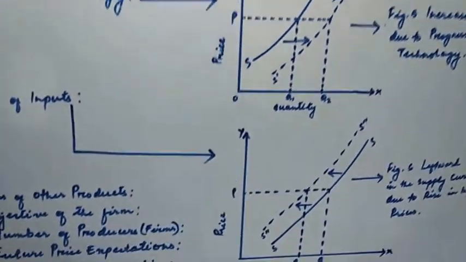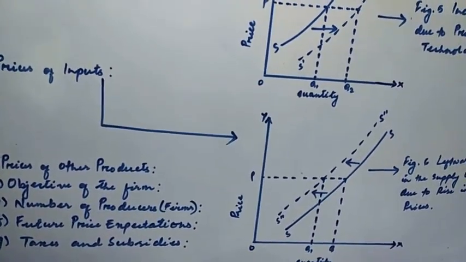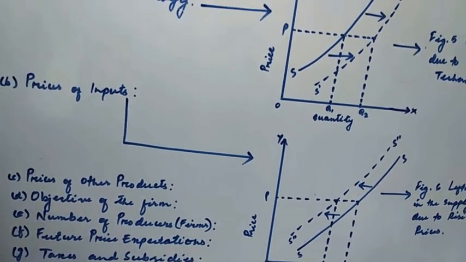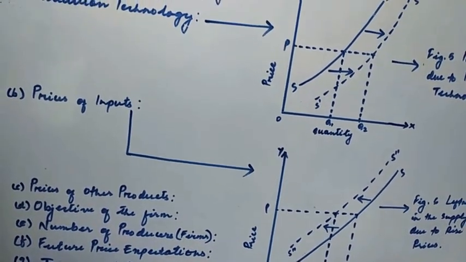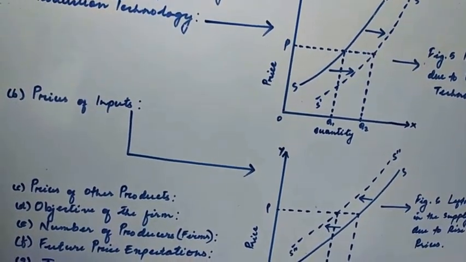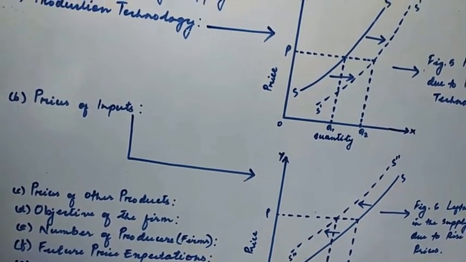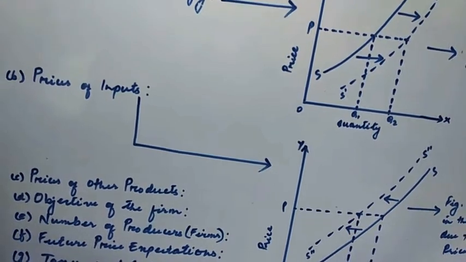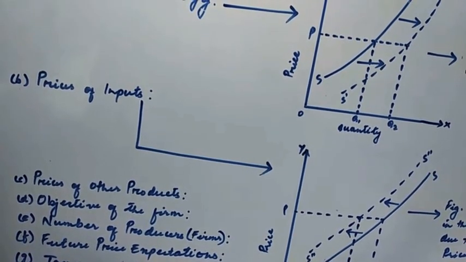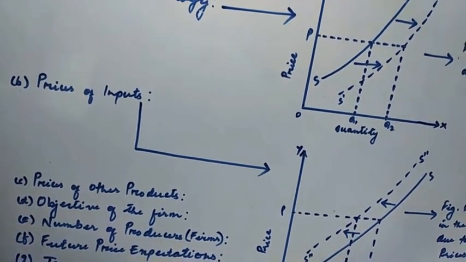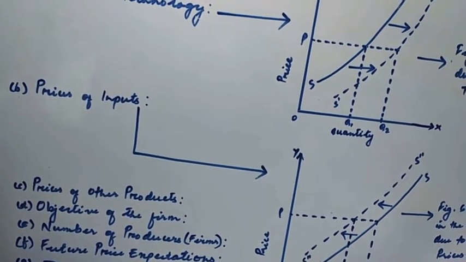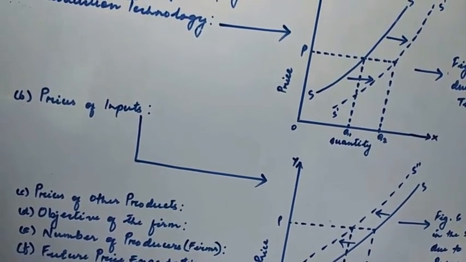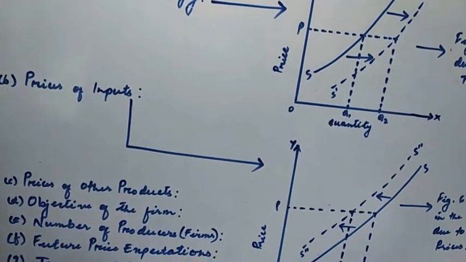This implies that imposition of sales tax or excise duty causes a leftward shift in the supply curve. So a leftward shift means there is less supply at the same price level.